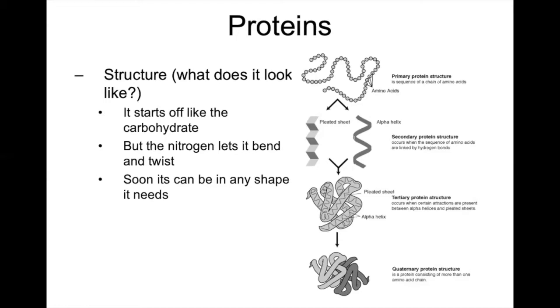And that's your proteins. They start off building up in a chain like the carbohydrates do, but because of that nitrogen and that sulfur, they start getting all twisted and wrapped around each other and around itself, and it's going to be in its own whatever shape. Usually proteins end up looking like a wad of chewed gum.